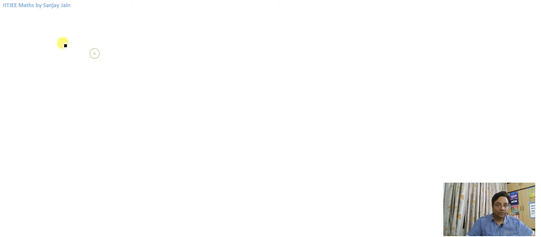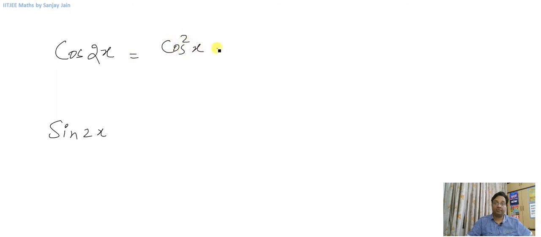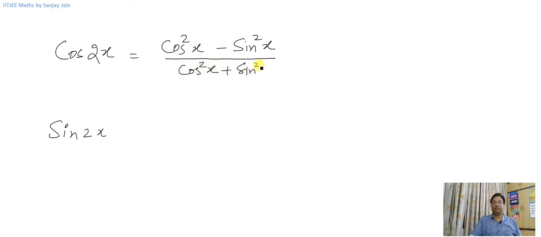Now before doing anything else, let me show you how cos 2x and sin 2x can be written in the form of tan. Now cos 2x we said was cos square x minus sin square x, right? This was one of the ways that we could write cos 2x. So if I divide it with cos square x plus sin square x, what is cos square x plus sin square x?